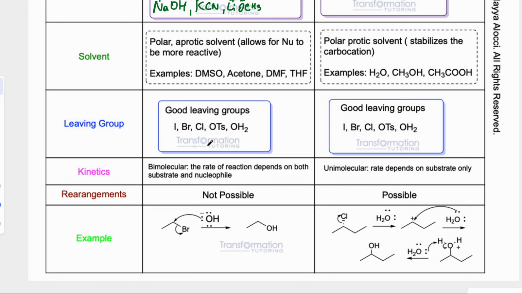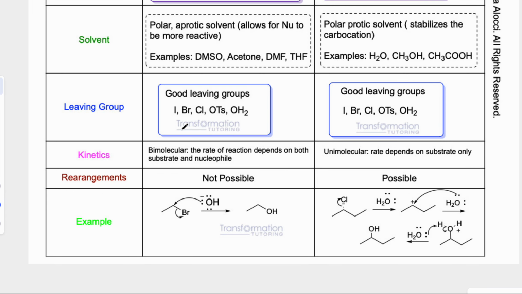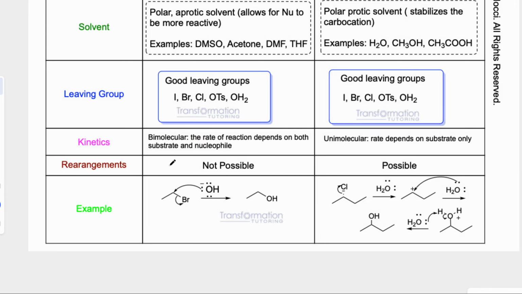If you see them on the starting material, then you will know maybe I'm doing an SN1, SN2, E1, or E2 reaction because I'm starting with a good leaving group. In terms of kinetics, this reaction is bimolecular, which means the rate of the reaction depends on both substrate and nucleophile, so both are important for the rate of reaction.